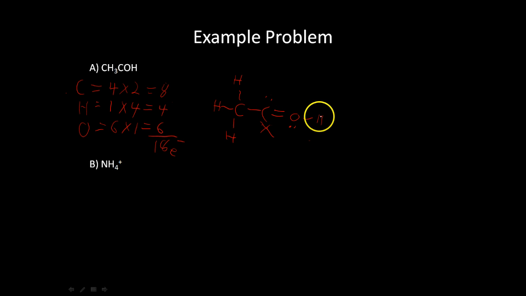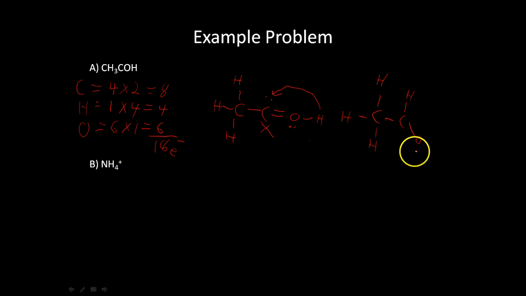In order for that to occur, this hydrogen will have to actually move over here. So this is the actual structure we're going to use: H, H, H, carbon with a hydrogen here, and then an oxygen there.